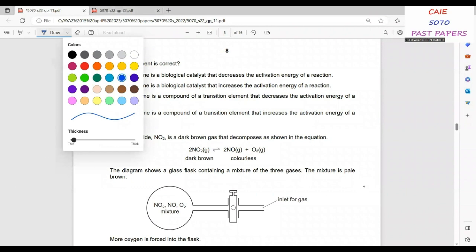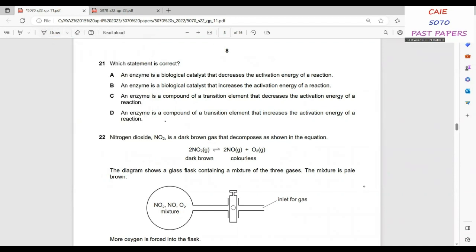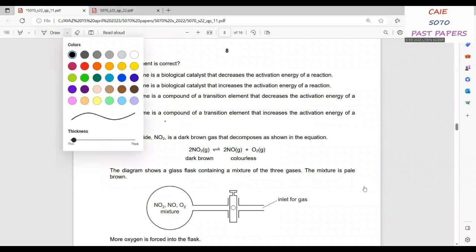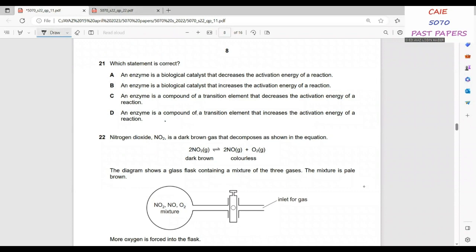Question number 21. Which statement is correct?